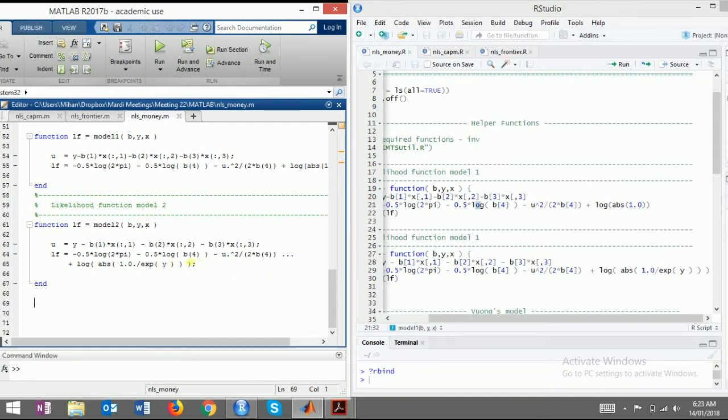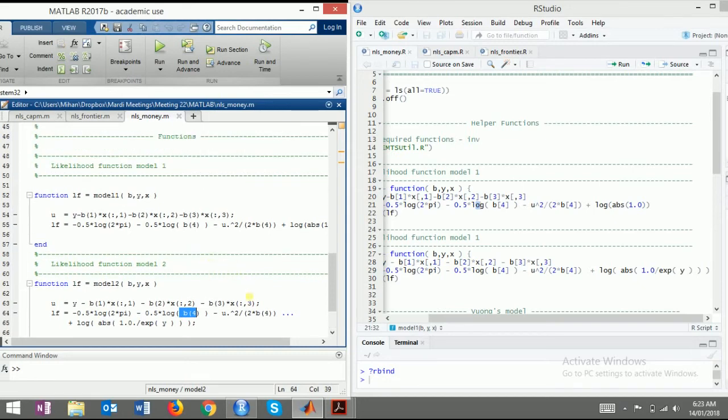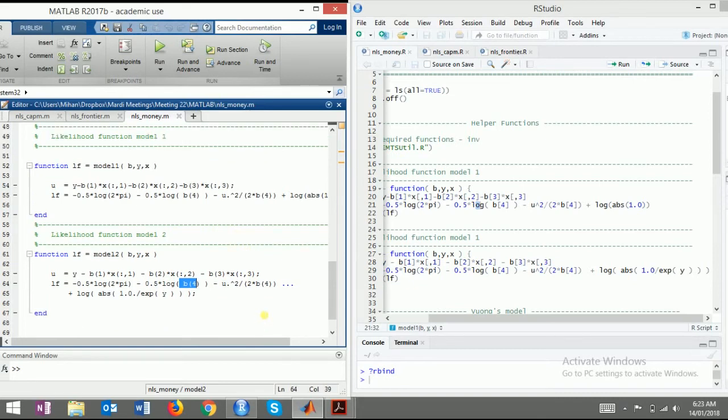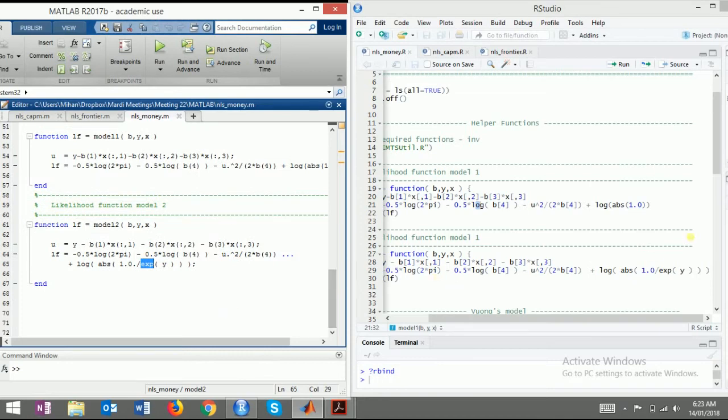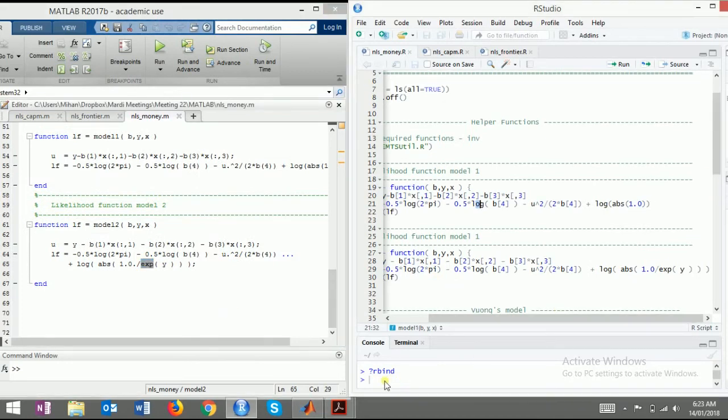So beta 4, log of beta 4, log twice y. Well, log of beta 4, then u squared divided by 2 beta 4 plus log of absolute value 1 by expected value of y, exp y. What is exp? Well, let's see.